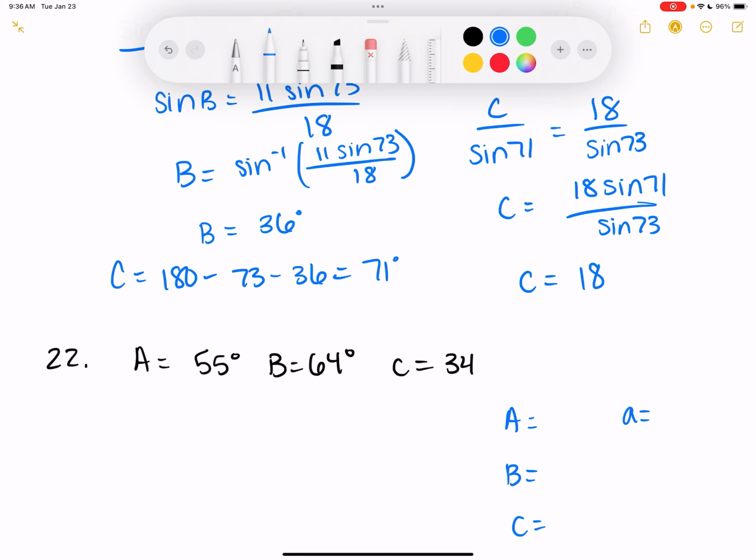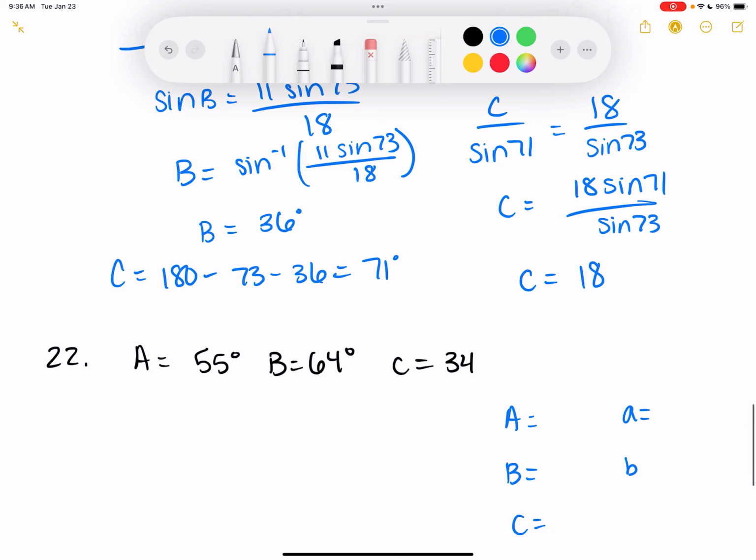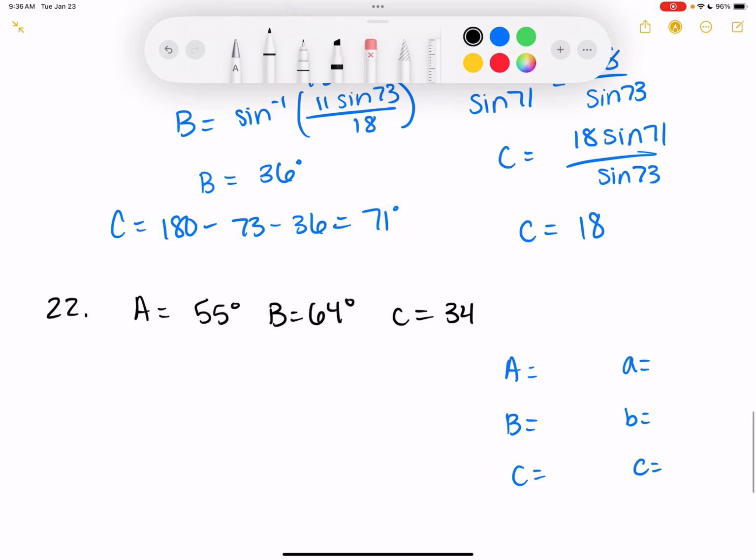This one's not, but I'll have to draw a picture for you to see why it's not. So I have this angle is 55, this angle is 64, this would be side C over here, which would be 34. So this would actually be angle, side, angle.